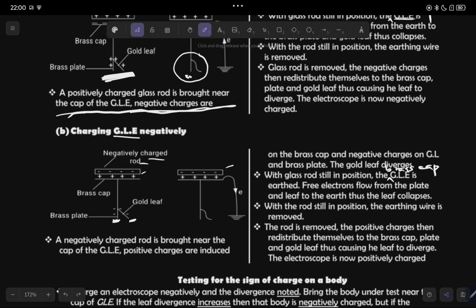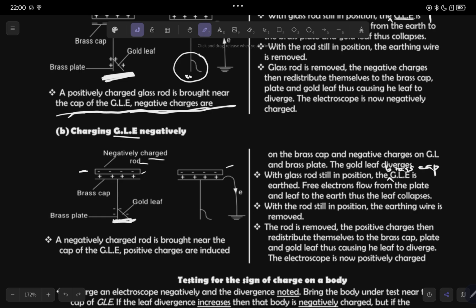What happened this time? Remember, we had electrons which had been pushed to the brass plate and the gold leaf. They are looking for an escape route because they are trying to run away from the negatives which are on the inducing rod. So when you attach the earthing, these electrons run to the earth through the earthing.